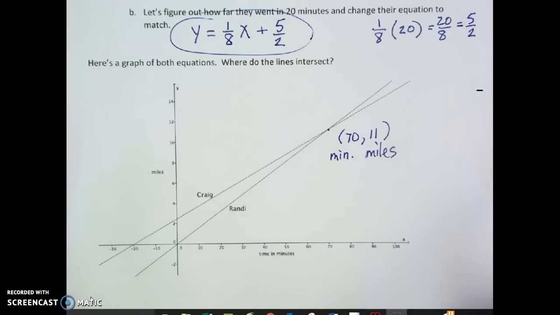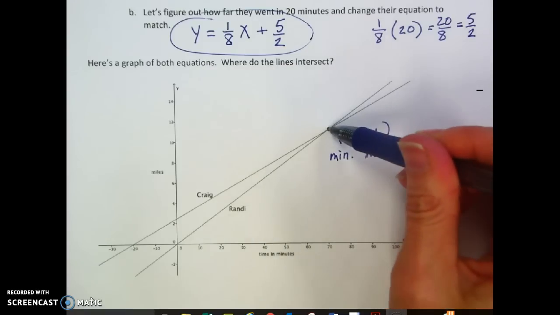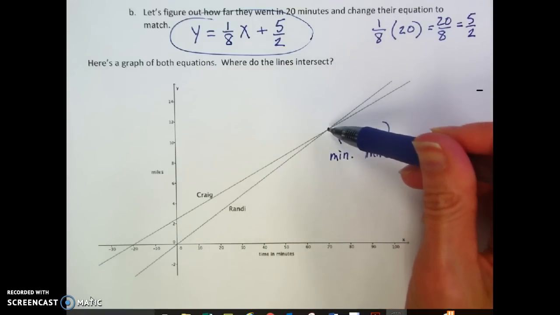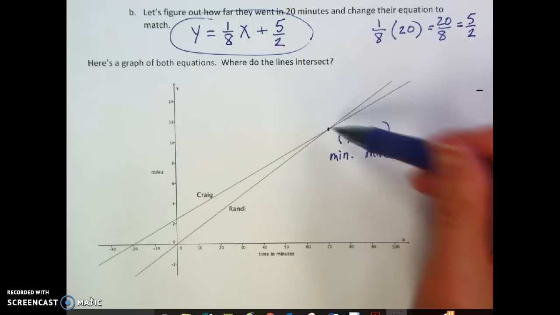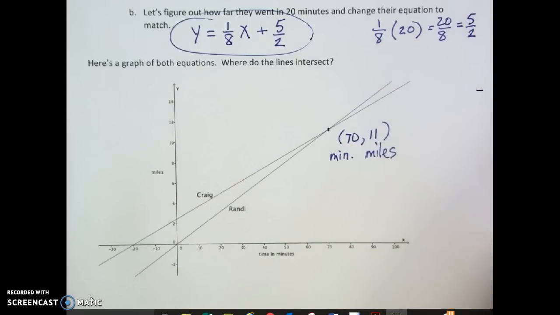So who went 11 miles in 70 minutes? Craig or Randy? Both of them. Both of their lines intersect there, so both of them have that point in common.